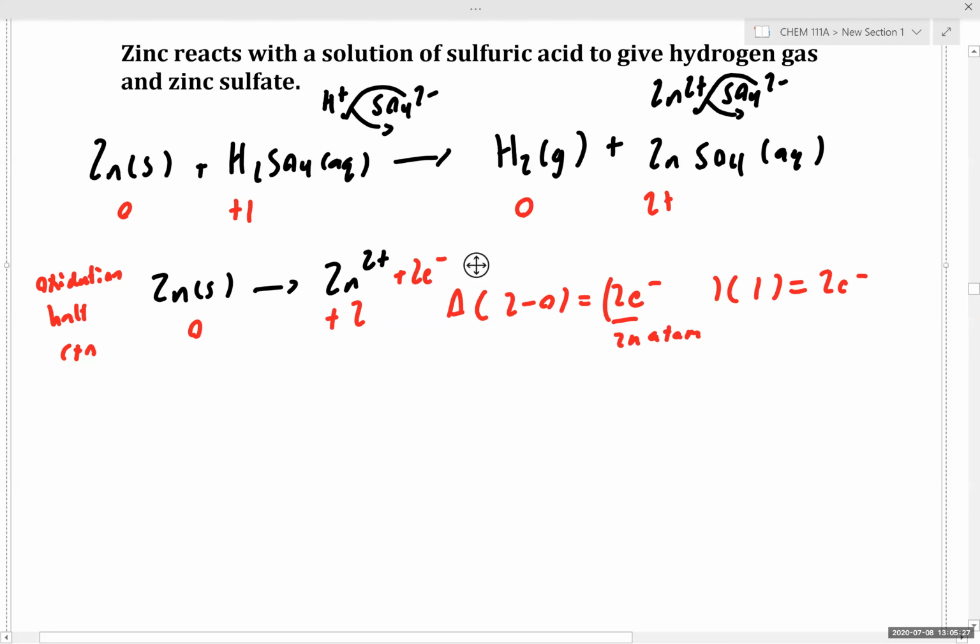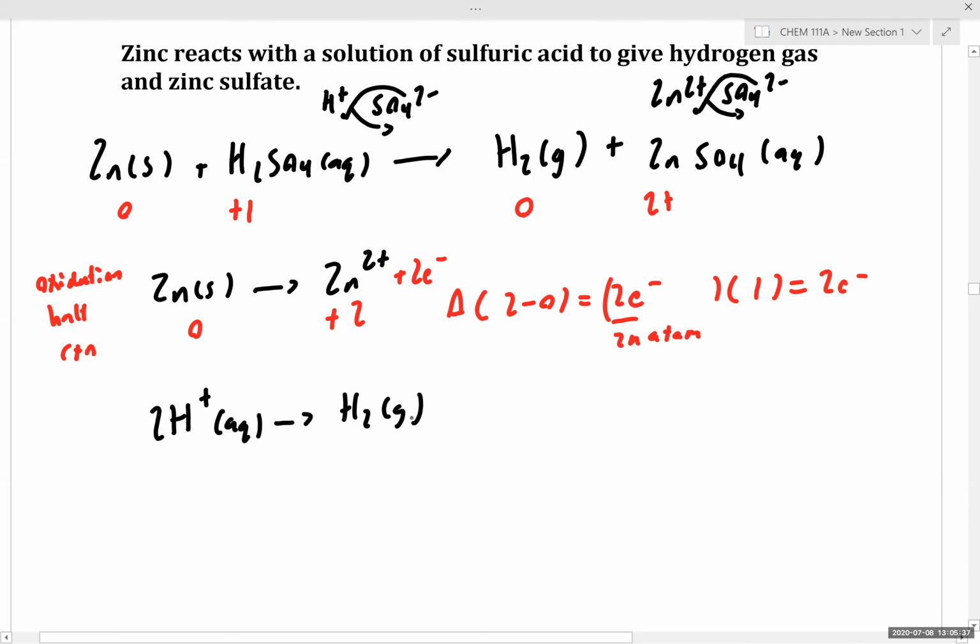Next, looking at sulfuric acid, we have 2H plus aqueous leading to H2 gas. So looking at our difference in electrons, we went from +1 to 0. So we have 0 minus 1, which gives us 1 electron per hydrogen atom.